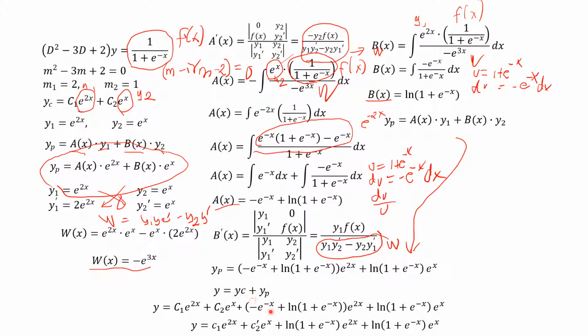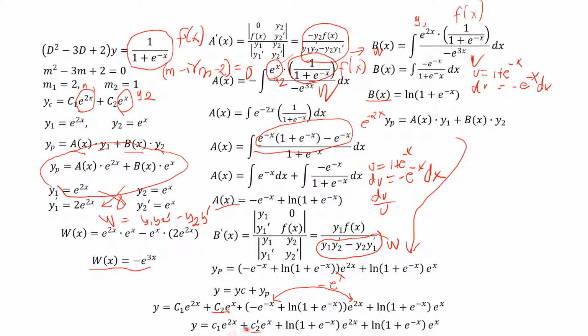Now notice that this negative e to the minus x times e to the 2x combines to negative e to the x. This one, when multiplied there, will just combine with c2 e to the x. That's why I put c2 prime here.